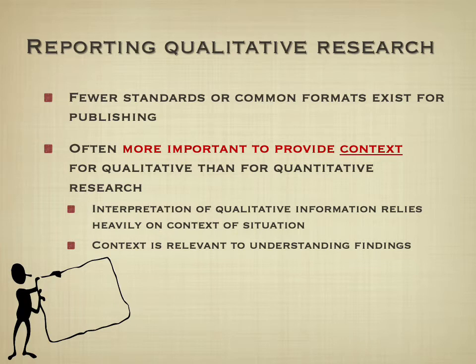Most important with qualitative research is the context, the environment, the situation, because quite often all of that context is very important to understand when it comes to interpreting the information. So if you don't provide the context, the environment that surrounds the qualitative research, it can be very difficult to understand and support.